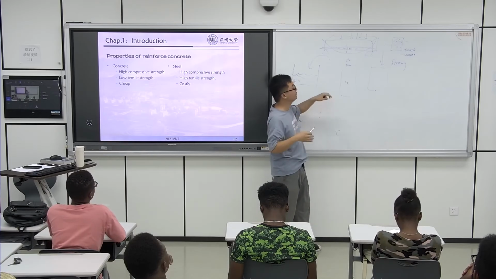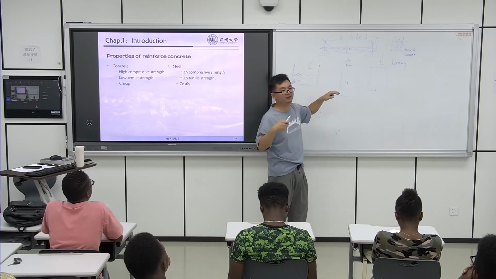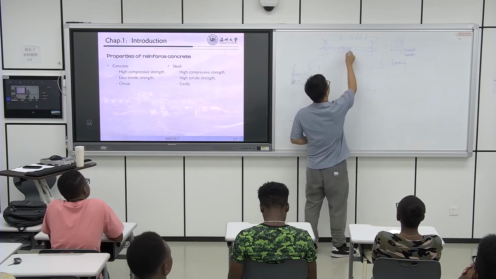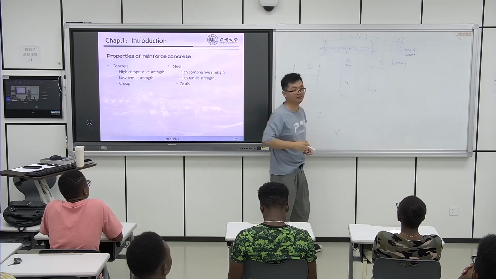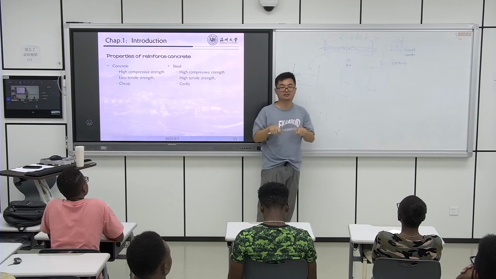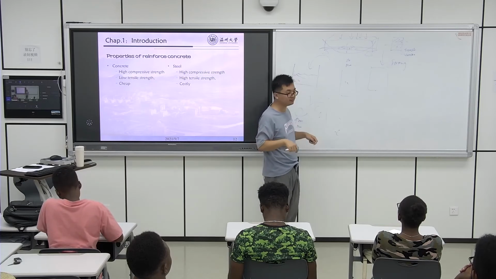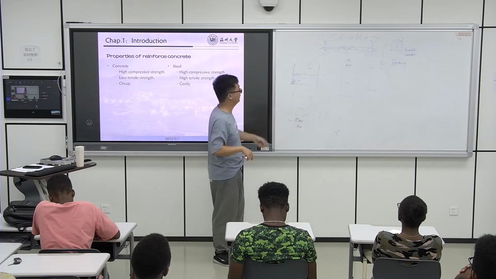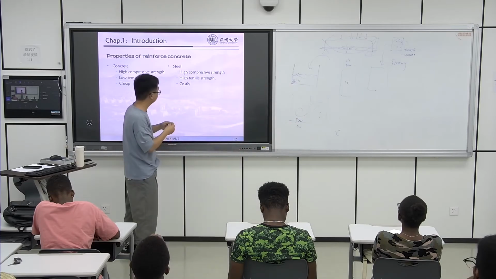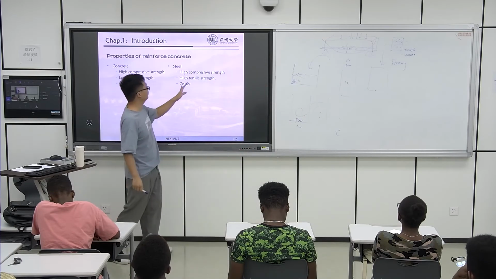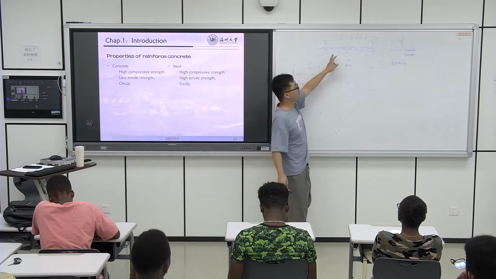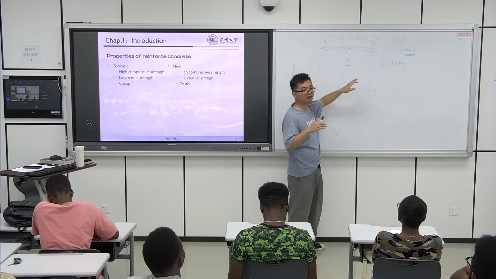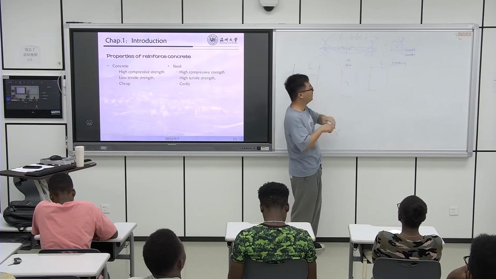So here I roughly introduce that we use steel bars because steel bars are good at tension. They can resist the tension. So they will improve the concrete. But because it's expensive, we do not use much of the steel bars here.